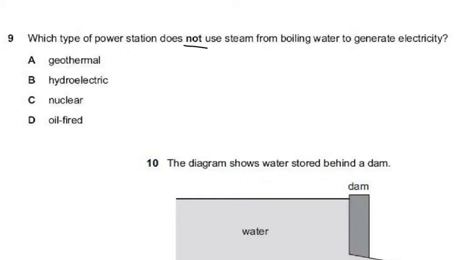So that one does use it. Alright, nuclear we just talked about in the last question, that does use it. An oil-fired power plant uses the chemical energy of oil to burn and then heat water till it produces steam. So all three of those do produce steam. So the one that does not use steam is hydroelectric. Alright.